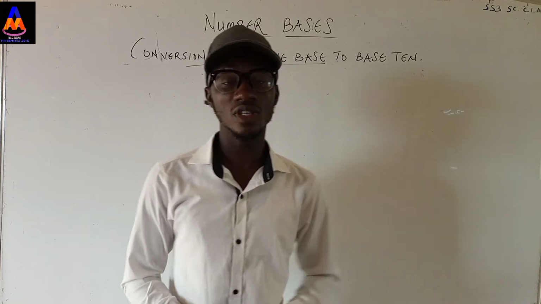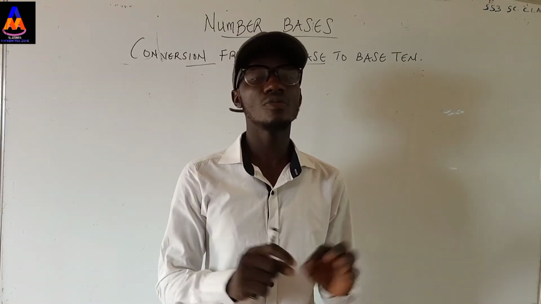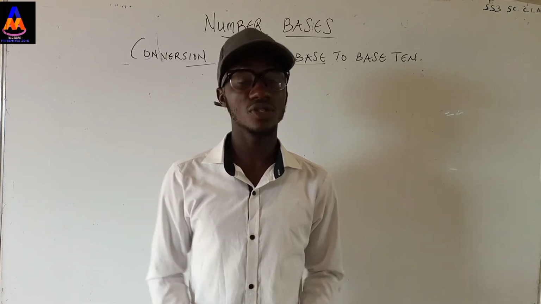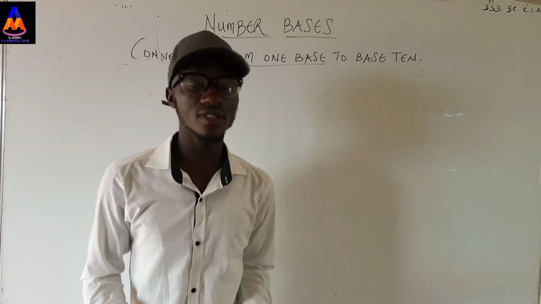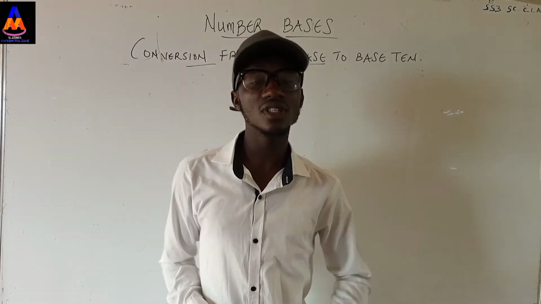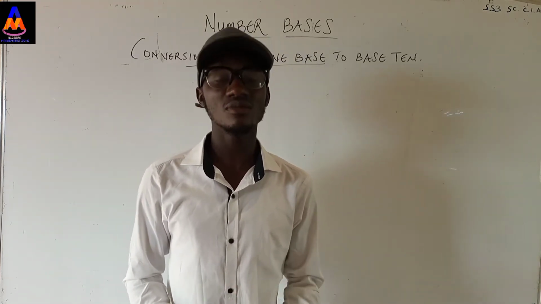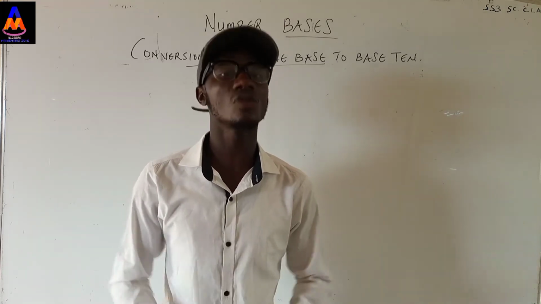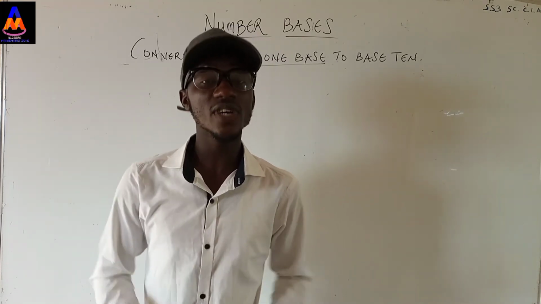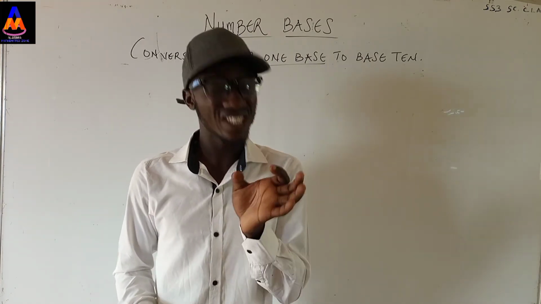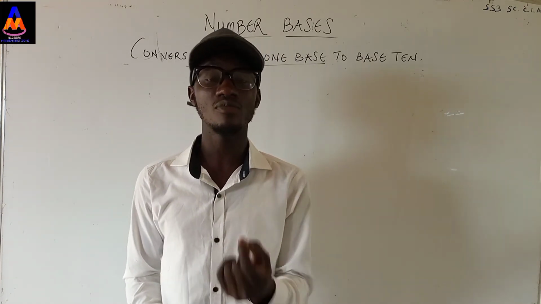We are given the first aspect of conversion from any base to base 10, which is called the natural base. And the first aspect we explained makes use of whole numbers, like 1, 2, 3 base 2. But there can be instances where you will be given a decimal fraction, which we popularly call decimal numbers, and you will be expected to convert this decimal fraction to a number in base 10.